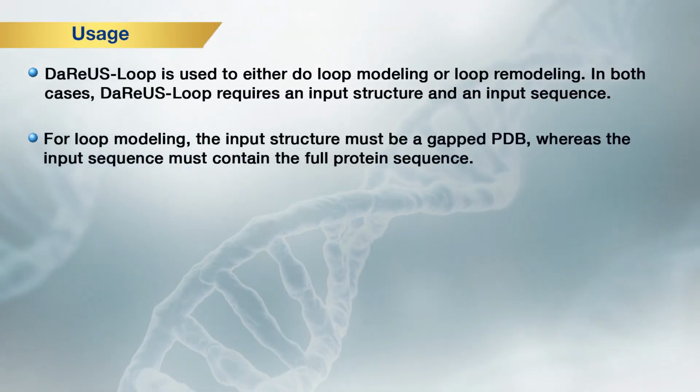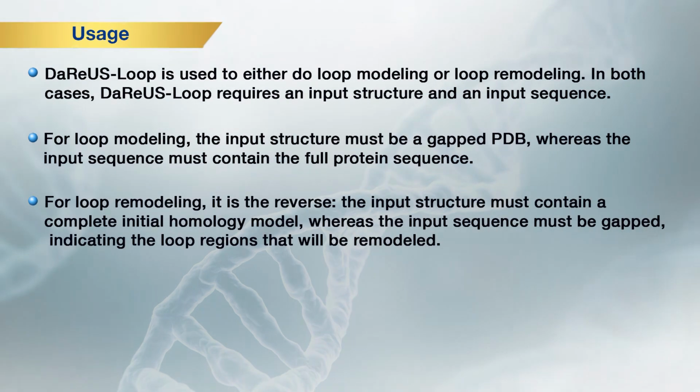For loop modeling, the input structure may be a gapped PDB, whereas the input sequence must contain the full protein sequence so that the query coverage can be identified. For loop remodeling, it is the reverse. The input structure must contain a complete initial homology model, whereas the input sequence must be gapped, indicating the loop regions that will be remodeled.